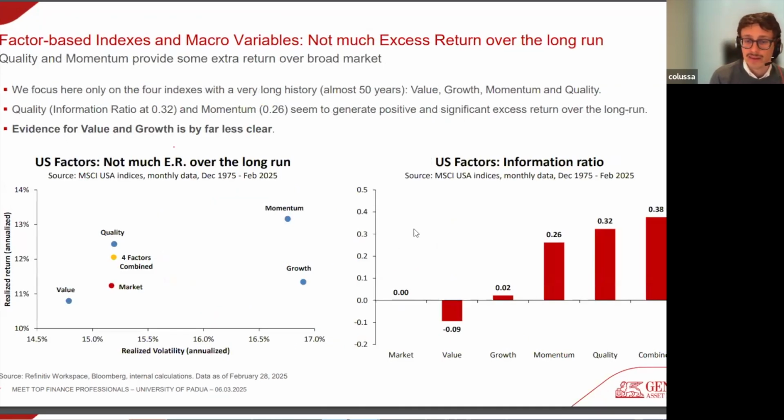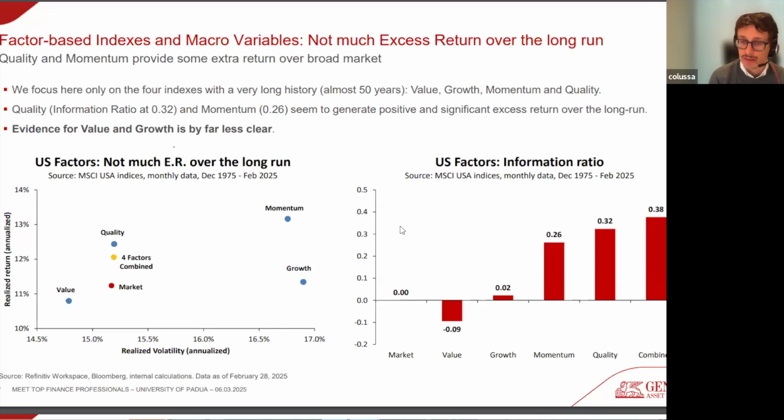But if you ask me at this moment, is traditional factor investing so common? I wouldn't say so. You really need to adapt your factor investing strategies to the prevailing conditions, or at least try to find a combination of factors that tend to be less exposed to drawdowns, to losses in general.